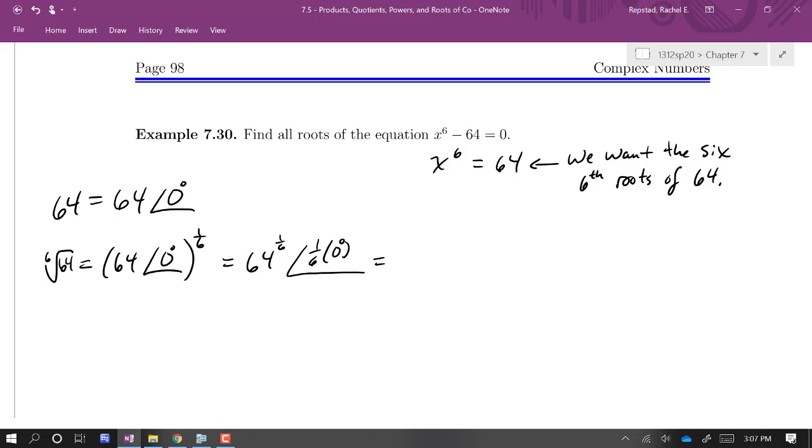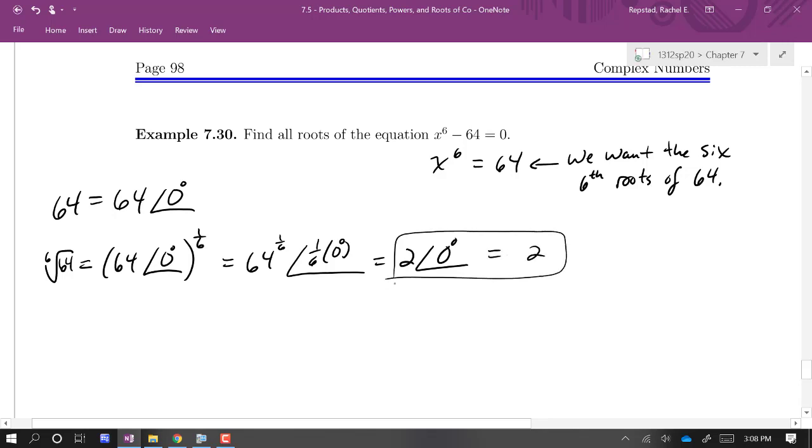I'm going to double check. 2. And of course 1/6 times 0 is 0. Now, as a rectangular number, this is just equal to 2, right? So this is the principal root, and it's the one we expected to find, right? We would expect to find 2 to be a 6th root of 64. There's the principal root.